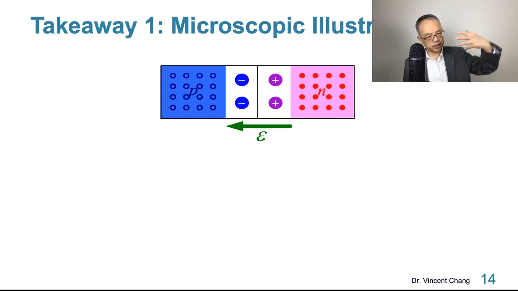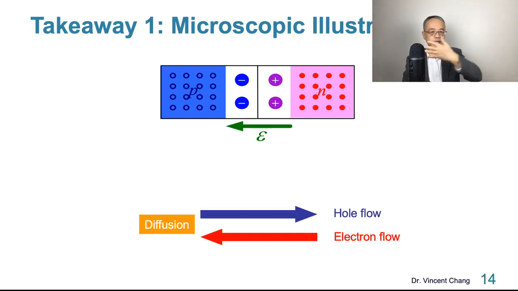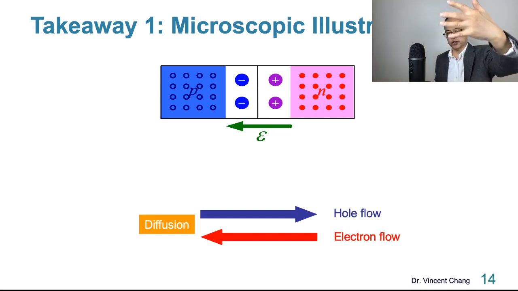So what's the process? The microscopic process: the diffusion, and then the ion separation, right? The negative acceptor ion on the left and the positive donor ion on the right. When you think about the ion, follow me, all right? And then the electric field is the built-in electric field across the junction.